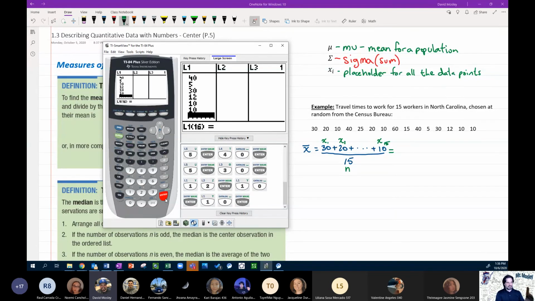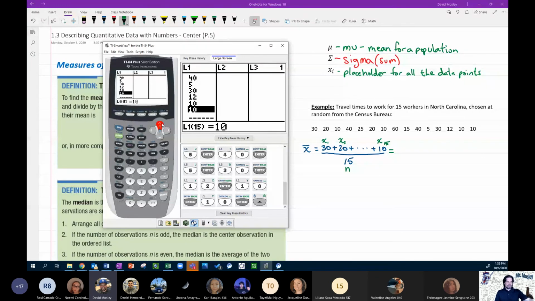It's a shorter list. It doesn't take too long. And if you notice, when I'm on my last item, right here in the screen, it says L1 parentheses 15. That means this is the 15th item in my list. That's good news because I only have 15 items. I don't have too many or too few. I didn't miss anything. So it's always a good thing just to double check that everything's matching up.